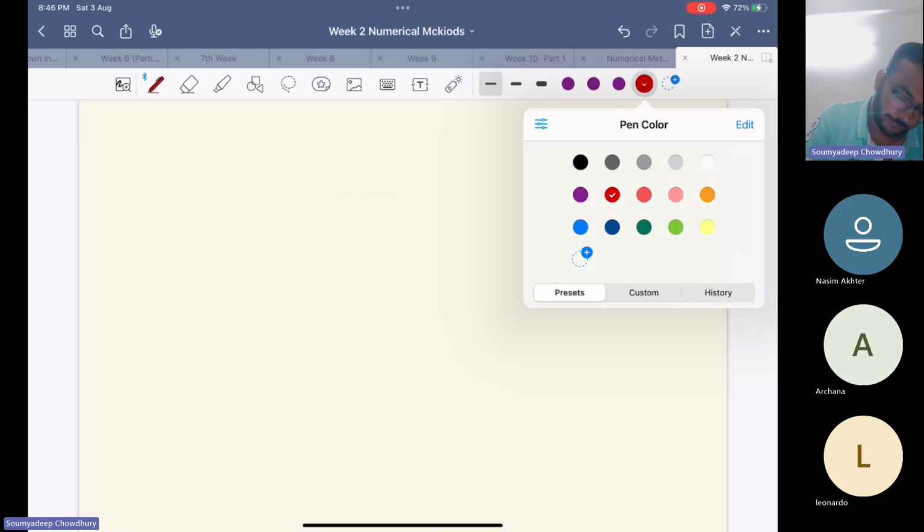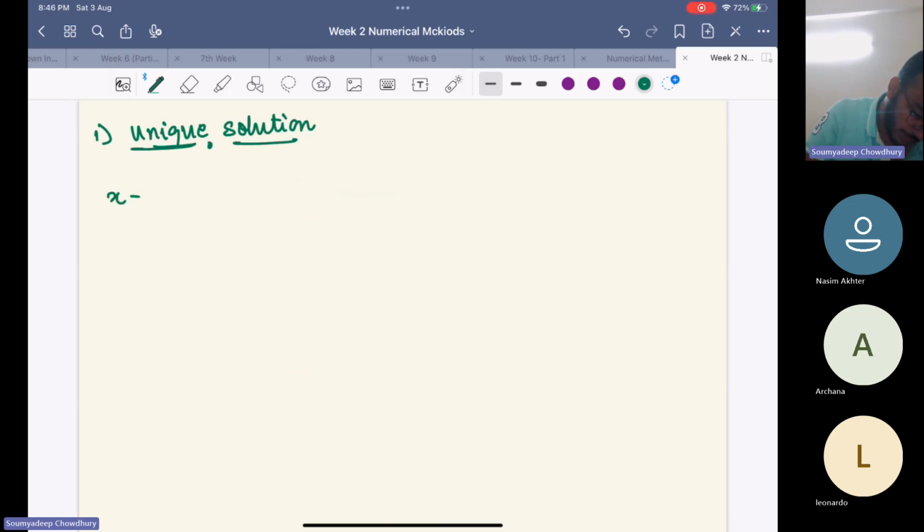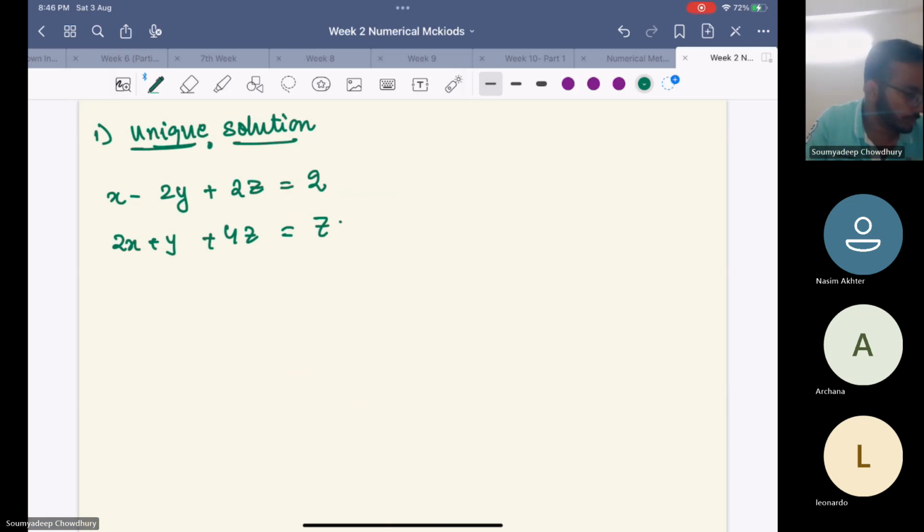So number one is unique solution. Suppose the equations are like this: x minus 2y plus 2z equals 2, 2x plus y plus 4z equals 7, 4x minus y plus z equals.